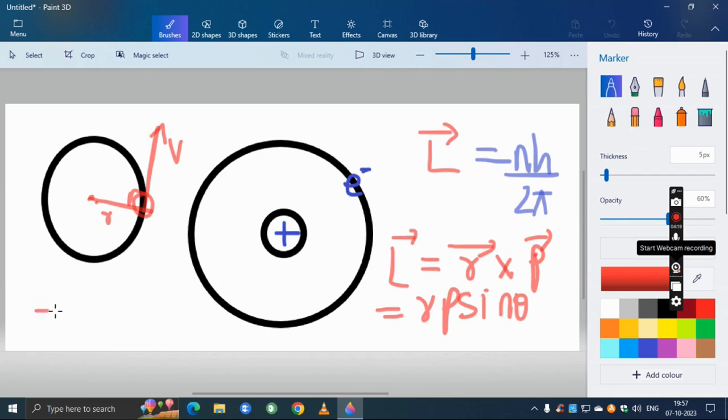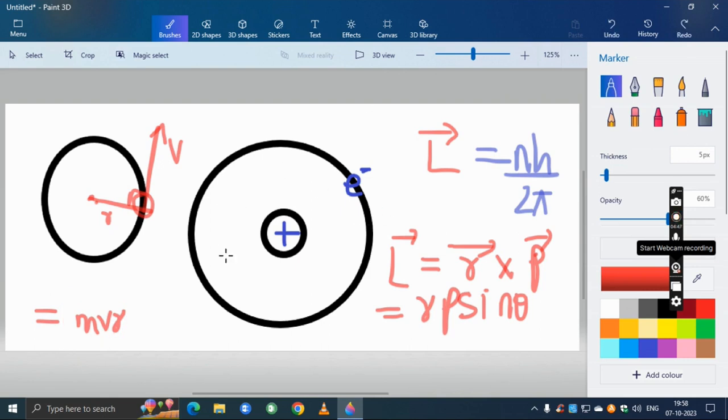Remember, p equals mv, momentum equals mass into velocity, so I have mvr sine theta, and here theta is the angle between r and v, which is 90 degrees, so sine 90 is 1, and the angular momentum is just mvr.